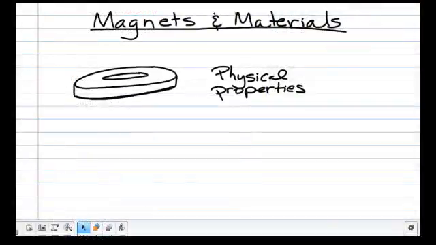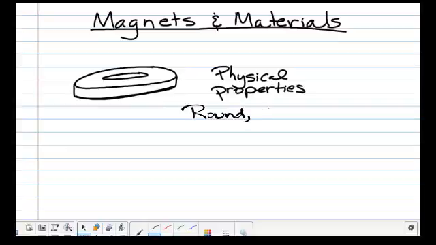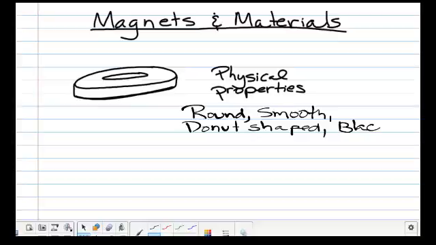Alright, so I'm gonna come into my notebook here and start to add some of those physical properties that are being described, or maybe just put your own. So some people say it's round, smooth, donut shape, black. Okay?